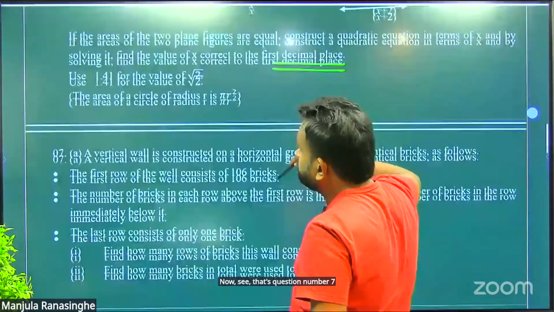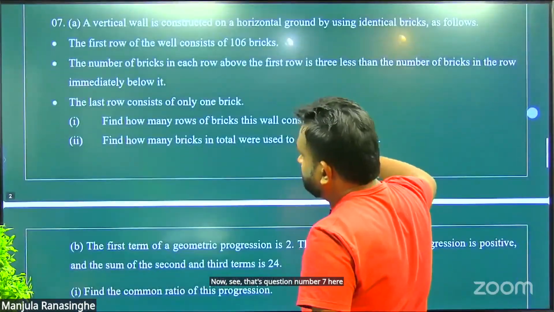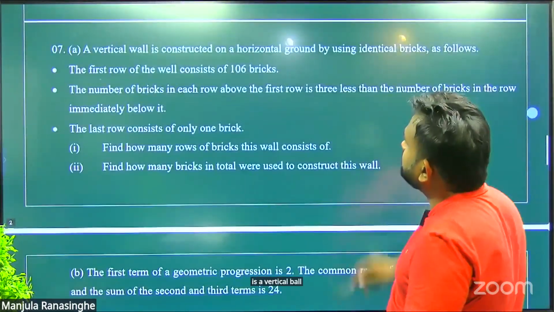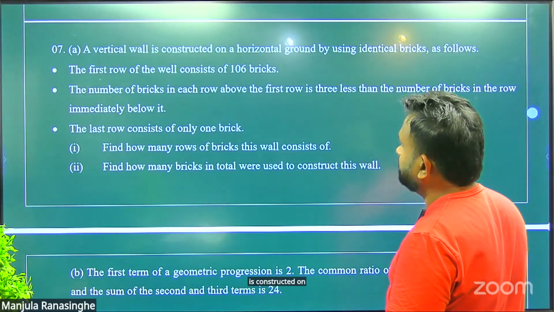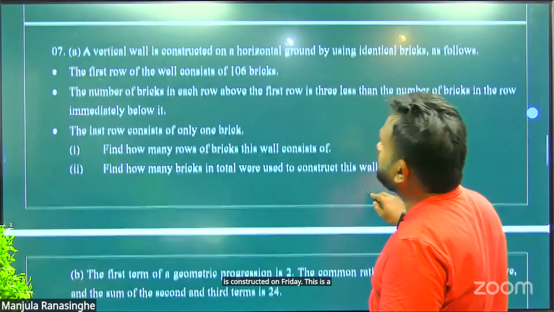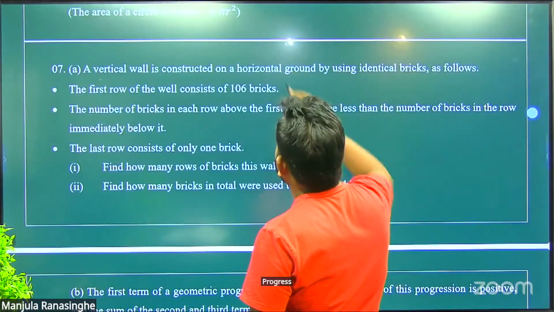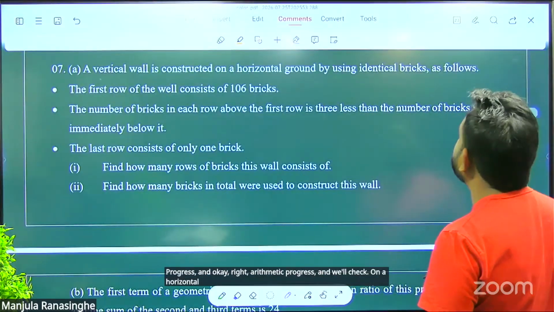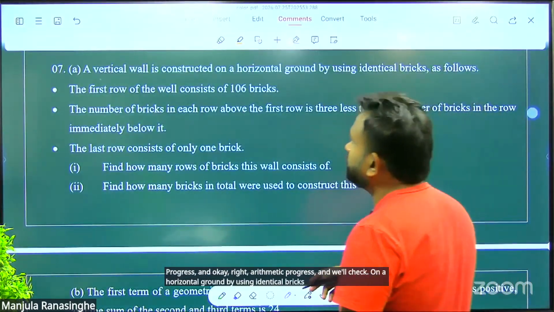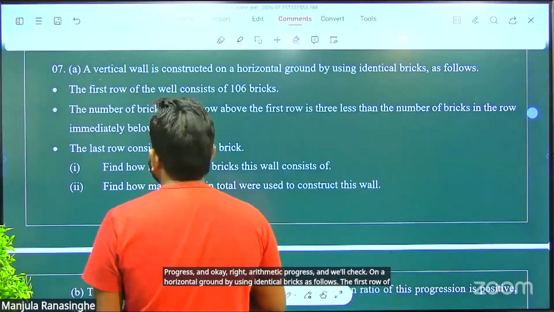A vertical wall is constructed on a horizontal ground by using identical bricks as follows. This is a progression, an arithmetic progression we'll check. The first row of the wall consists of 106 bricks.